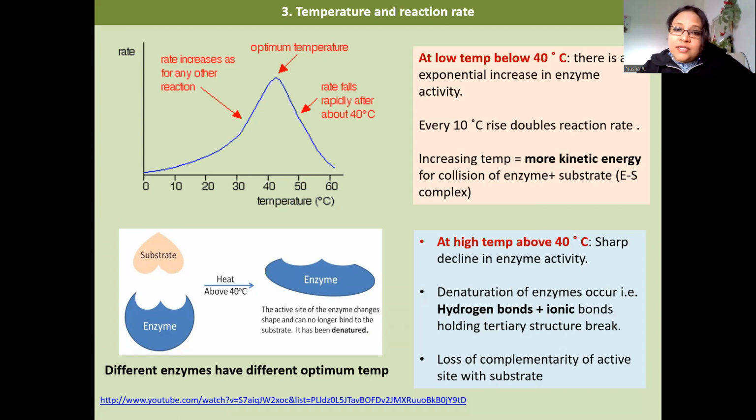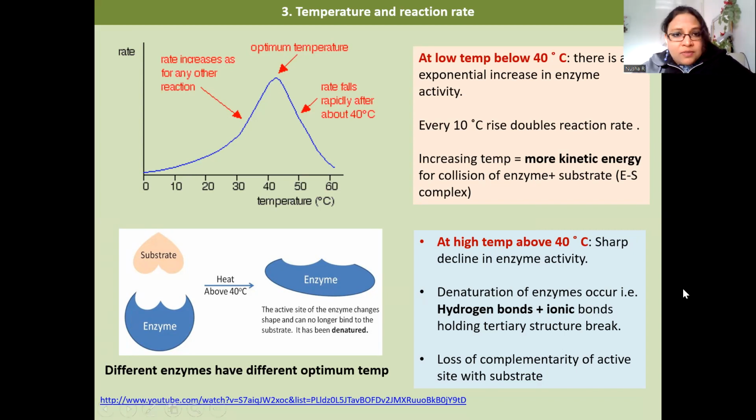If we provide heat, we're actually increasing the kinetic energy for the movement. So we would expect a higher frequency of collision by doing that. And then we say that 40 degrees seems to be the optimum temperature for the maximum rate of enzyme action. We know that every enzyme would have an optimal temperature for its optimal activity.